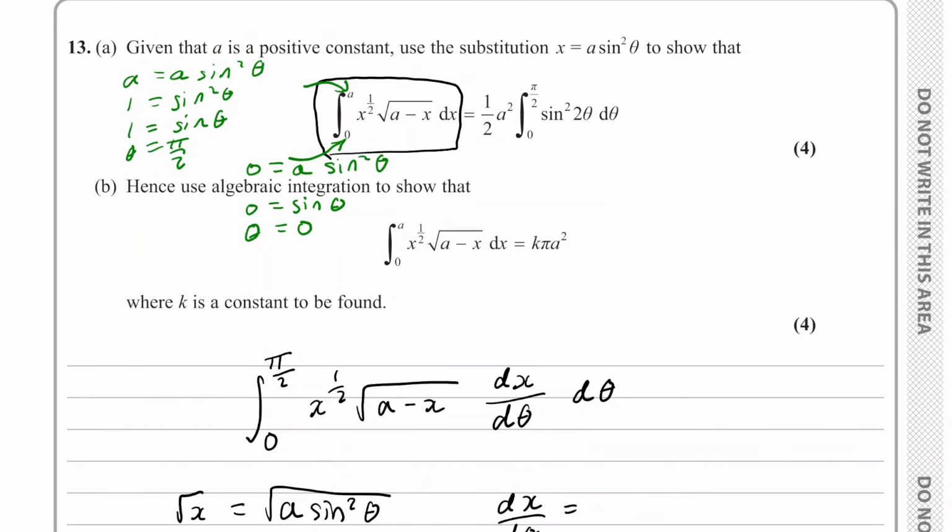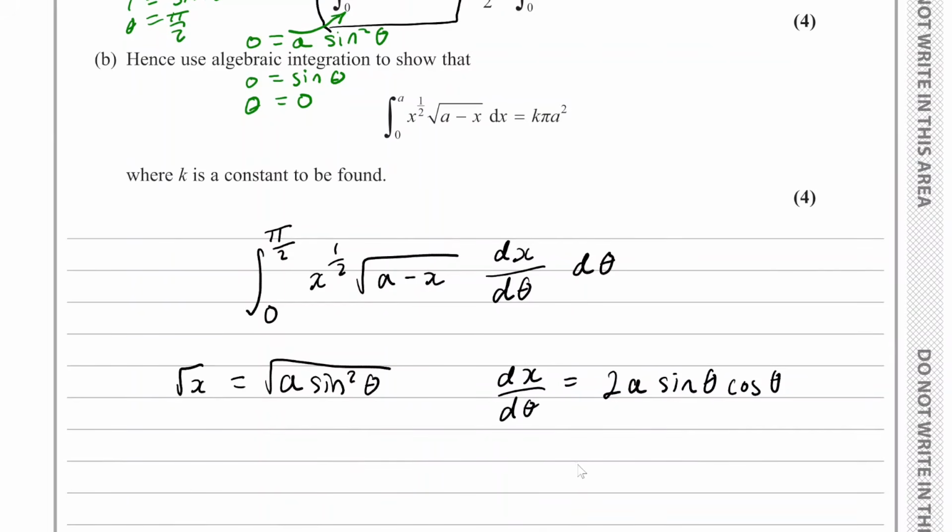When we differentiate sine squared, it's the same as sine theta squared. So we times by the power, take one off the power, and times by the bracket differentiated. So the power is now 1, and sine differentiated is cos.